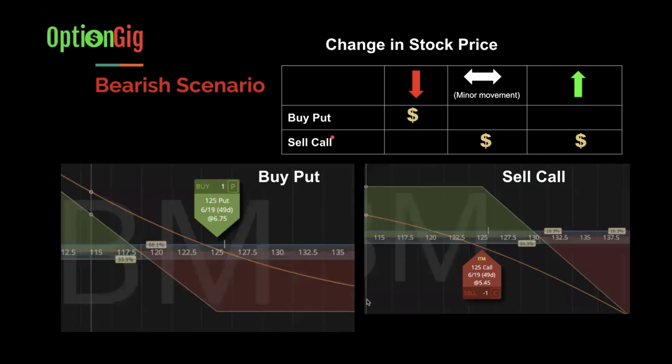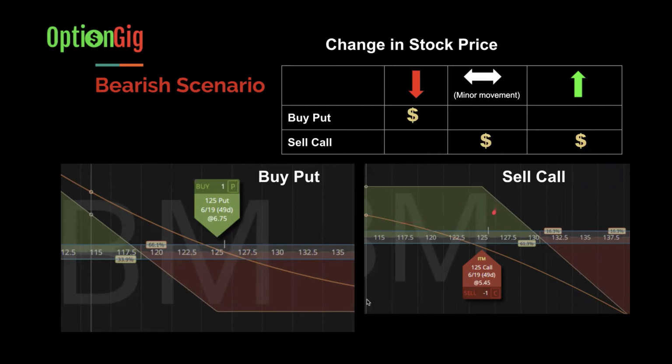Let's look at how we can represent it in a picture, because a picture says 1,000 words. On the left side, we are buying a put. The strike price is 125. If I buy a put, I only make money if the stock actually goes down below 125. And of course, it has to move well below 125 to cross my break-even point. But if the stock stays at 125 or goes higher than 125, as a put buyer, I'm not making any money.